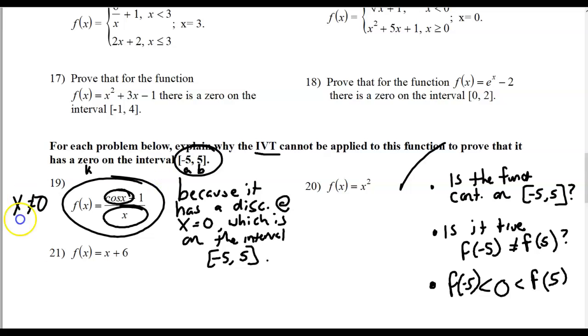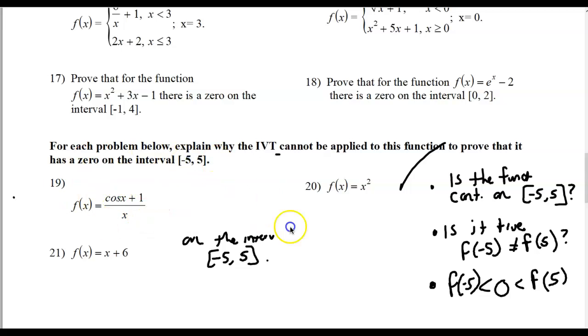Let's take a look at number 20. For number 20, is it continuous on the interval from -5 to 5? Well, that's a polynomial. Polynomials are continuous everywhere. So far we're good. Check. Let's keep checking though.